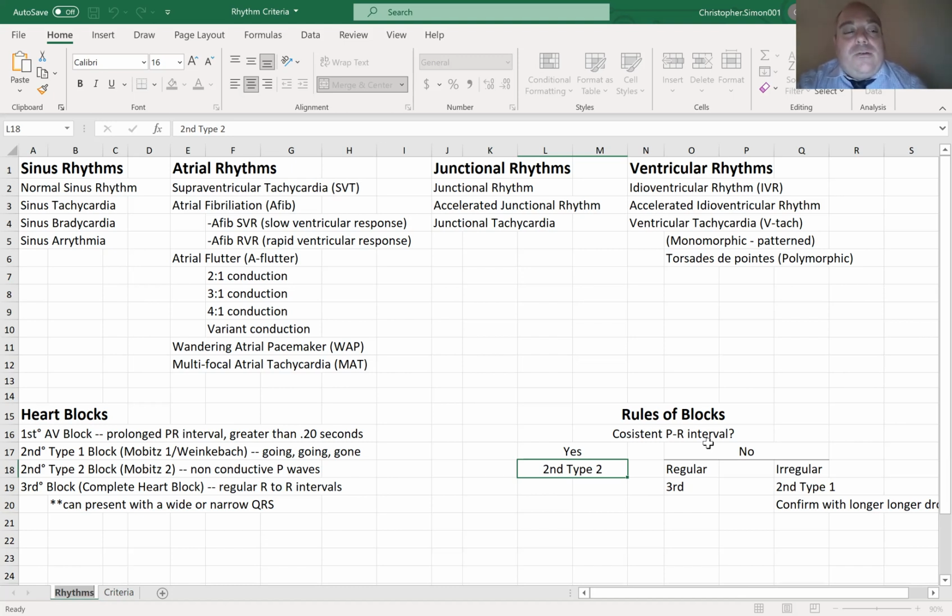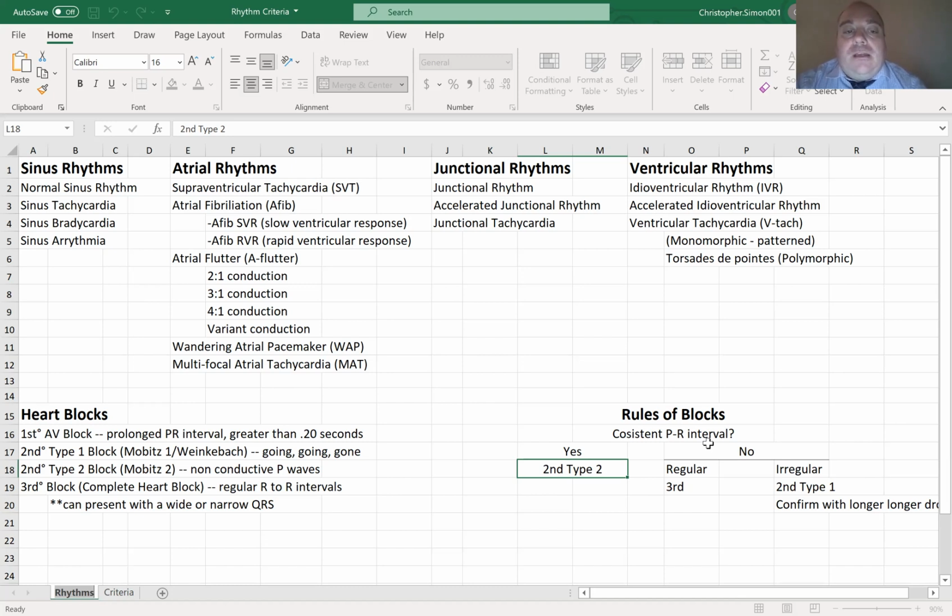Now, second degree and third degree blocks technically can be considered rhythms, but a first degree AV block is not necessarily a rhythm. It's something that happens to a rhythm, okay? What I mean by that is, if you're in a second degree type 1 block and someone said, well, what's your rhythm? I would say, oh, they're in the second degree type 1. That's the rhythm, right?